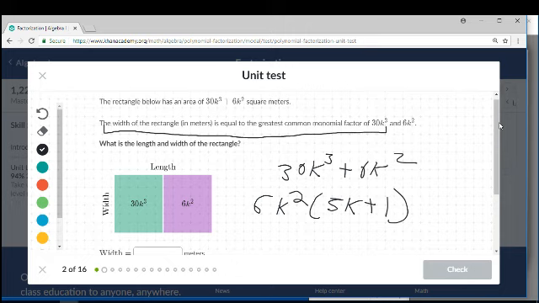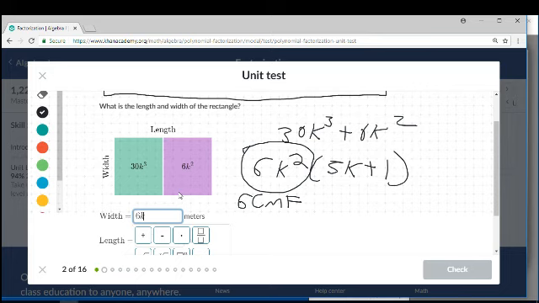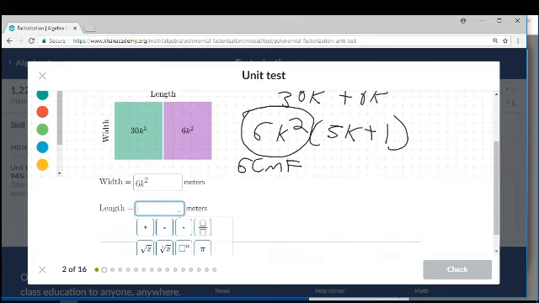And so this is the greatest common monomial factor. Greatest common monomial factor right here. 6k squared and 5k plus 1.